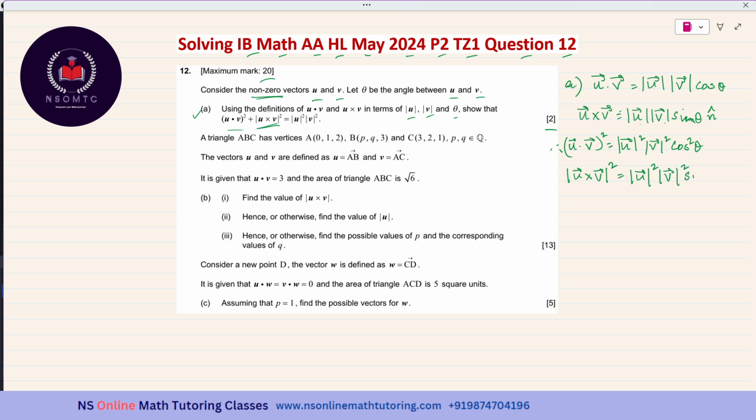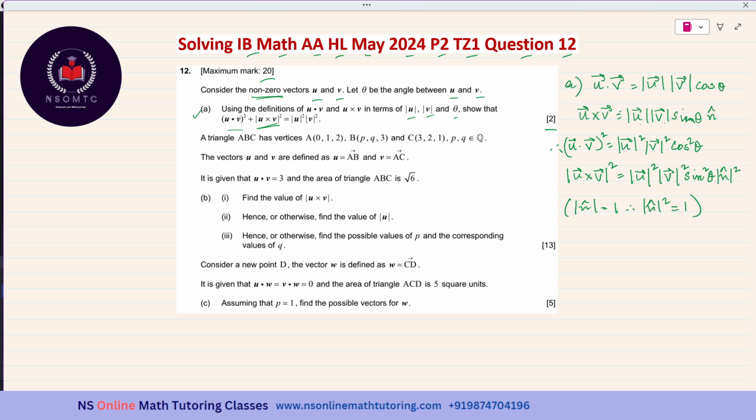And then there is the sine squared theta, it is also a number, so it is getting squared. And then the unit vector, its magnitude is equal to 1, which is also getting squared, and 1 squared is 1. Okay, so let me write this. The magnitude of this is equal to 1. Therefore, this square is also equal to 1.